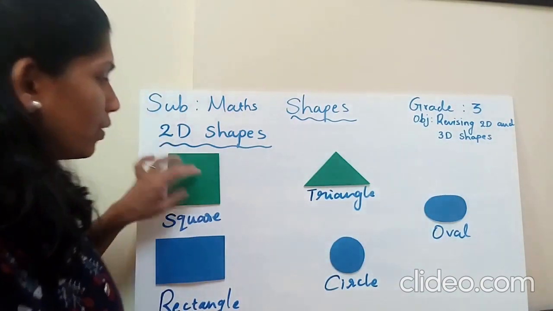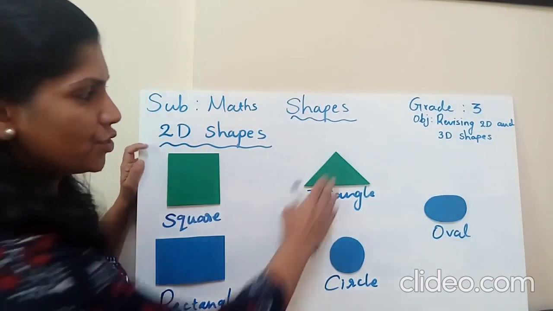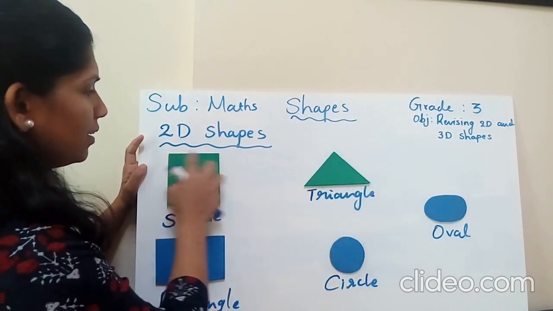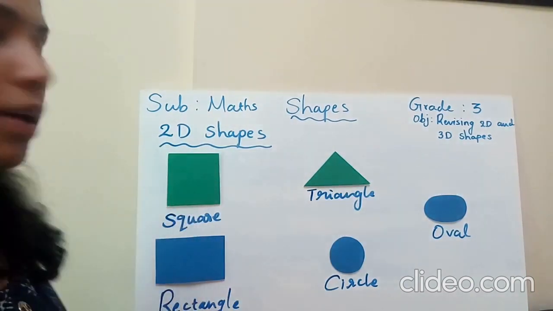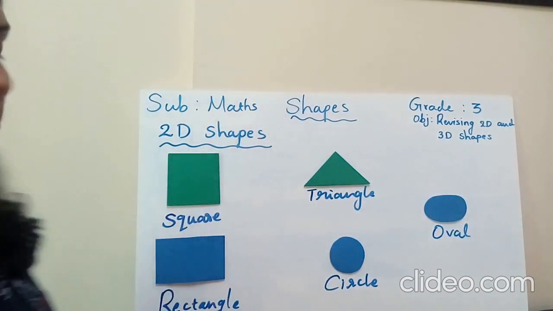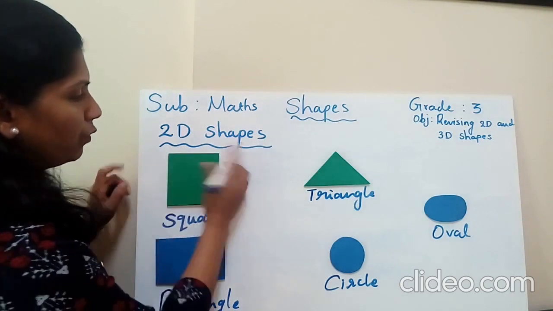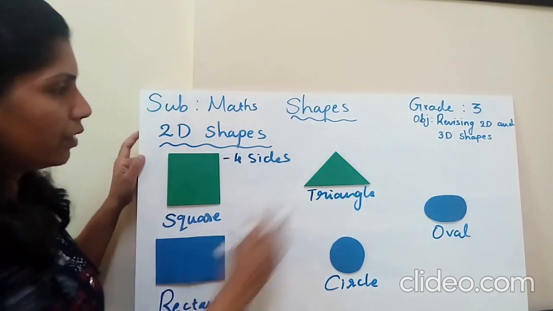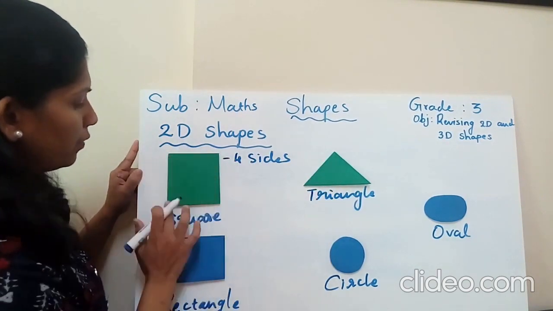And now, what is a side? Where is the side of these shapes? Yes, this is a side. When you see a square, how many sides are there? 1, 2, 3, 4. So there are 4 sides in a square. And where is a corner? 1, 2, 3, 4.